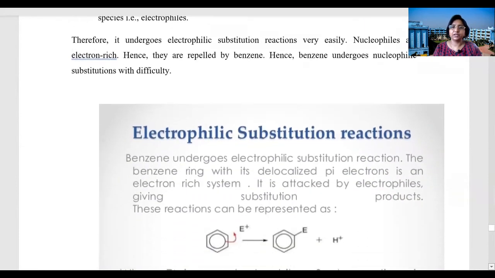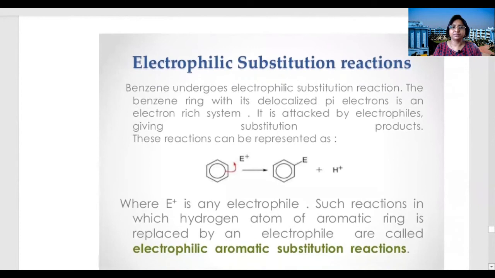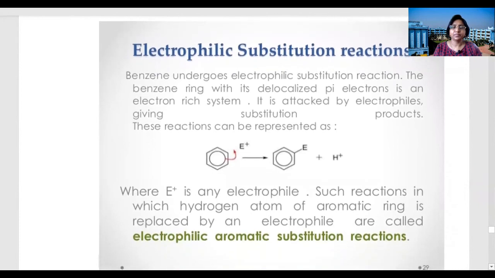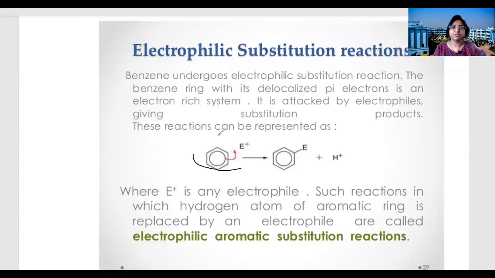So this is the electrophilic substitution reaction. The figure is given. Here you can see the benzene ring, and the electrophile, the positively charged species, is attached to the benzene ring and replaces the hydrogen.